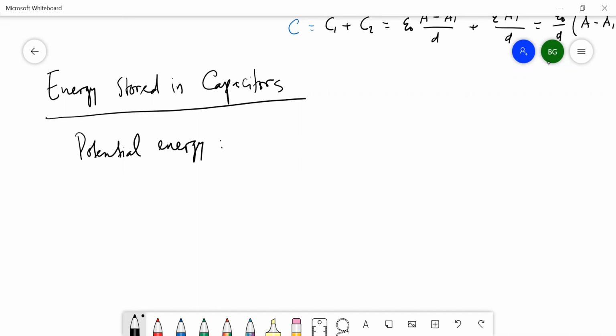Do you remember the formula of potential energy? Potential energy is mgh, right?